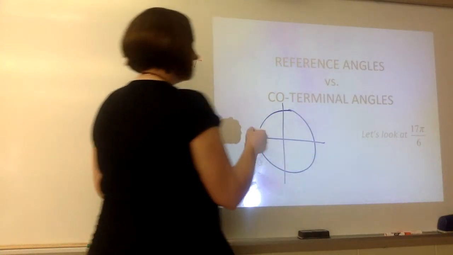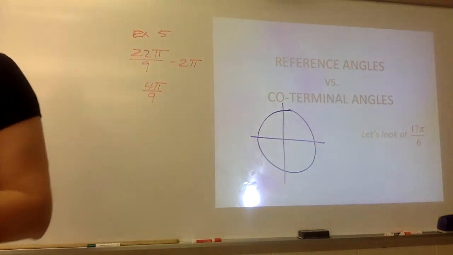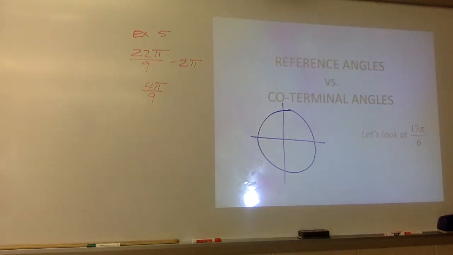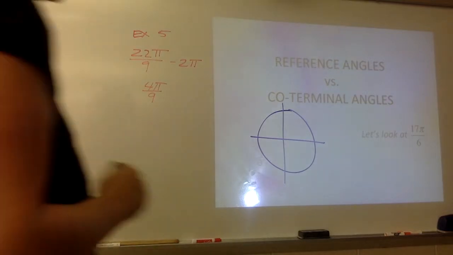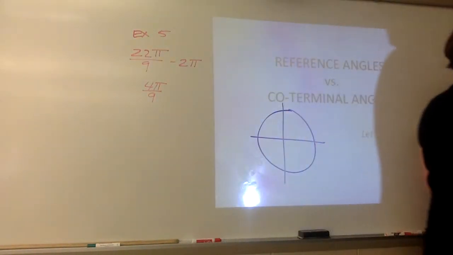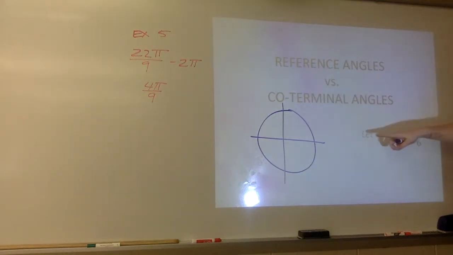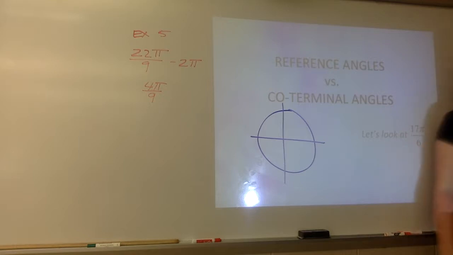Okay, please draw a little circle. You have this example in your notes, yes? Do you have this one or no? No, okay, so make a little box on the far right. I want you to add this to your notes. This is a really good example to illustrate the difference between these concepts. Okay, make a circle, and I want you to put a dot where 17 pi over 6 is. I want to come around and see if you can do that on your own yet.